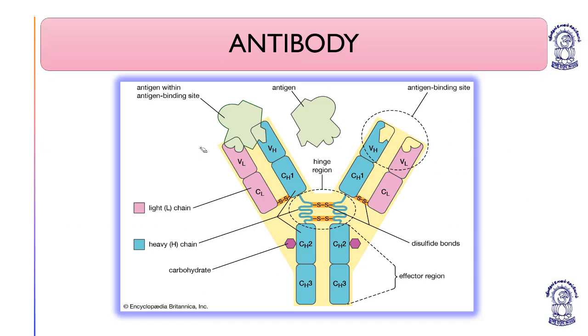I'll explain with the help of diagram. This is the antigen, okay, and this is the antigen with antigen binding site. So you remember, suppose this is the heavy chain and this is the light chain. I'll change the ink. Okay. So this is the light chain, and this is the heavy chain.